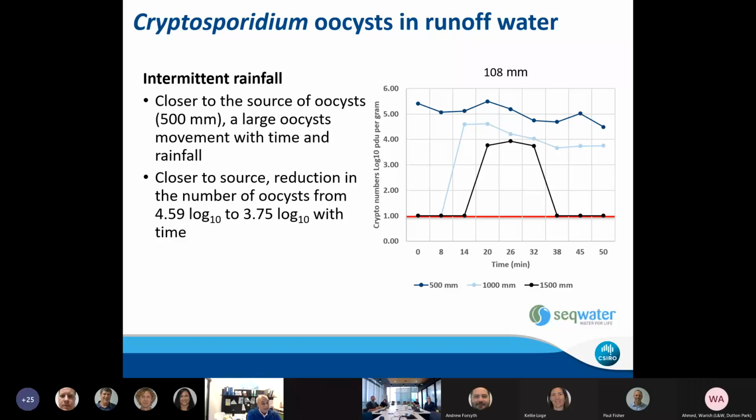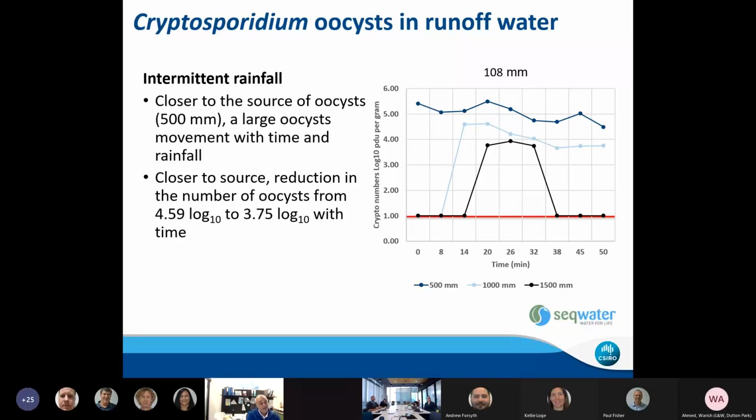The idea about this intermittent rainfall was to not only allow water runoff, but also some time in between for rain to penetrate vertically down, rather than creating a rainfall. What we saw there was, from the cow pat, a kind of regular slow release of Cryptosporidium with water.